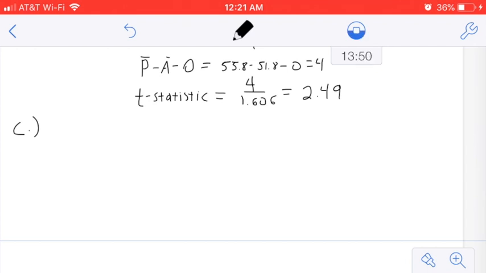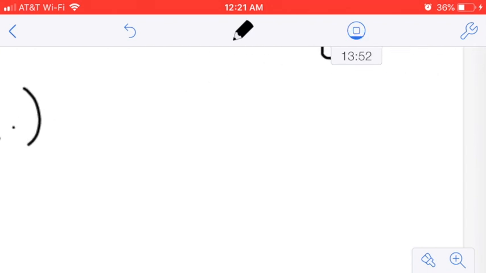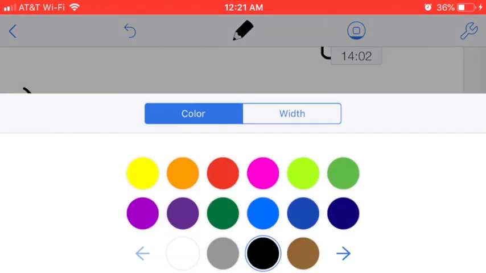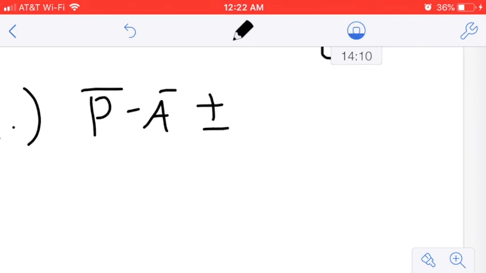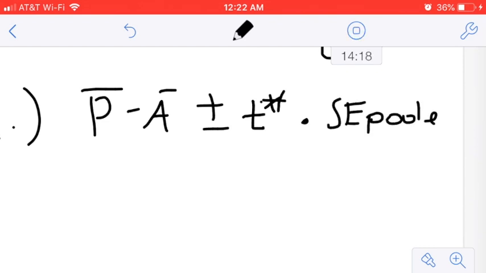But we are doing a two-sided confidence interval, so the formula we use is our P bar minus our A bar plus or minus our T star score that we found from the chart times our standard error pooled.